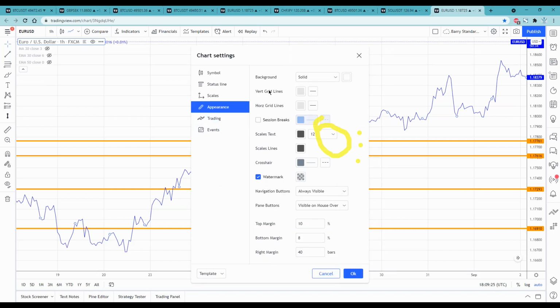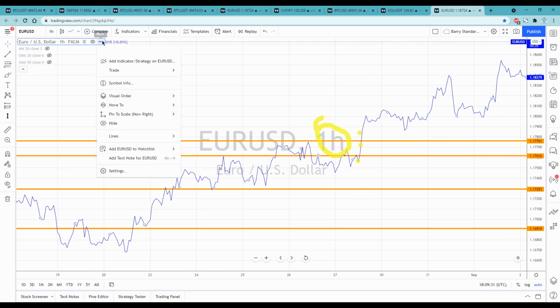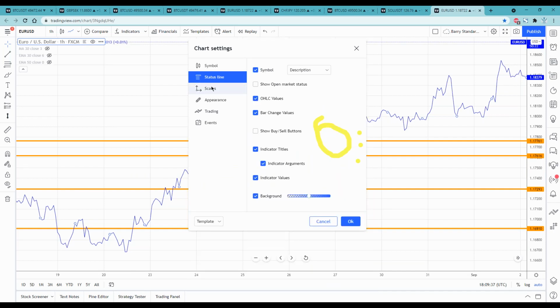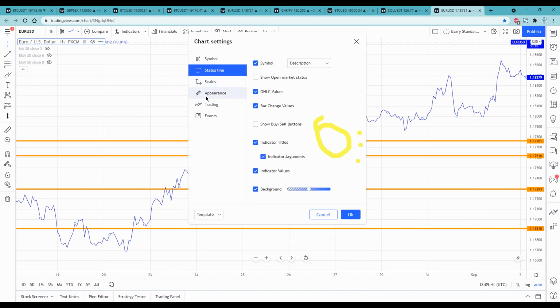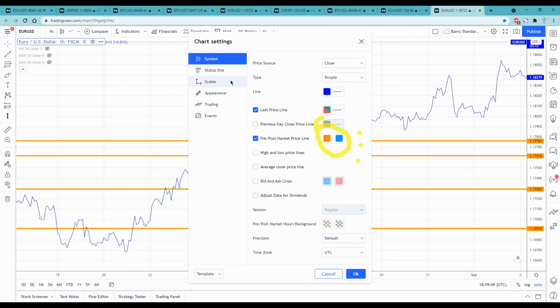and said, now we could have a line chart that uses the open, the high, the low, the close as well.